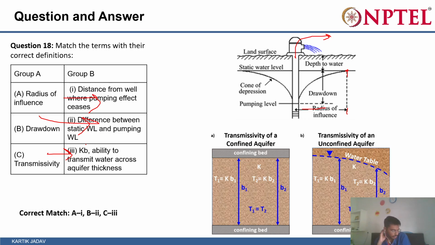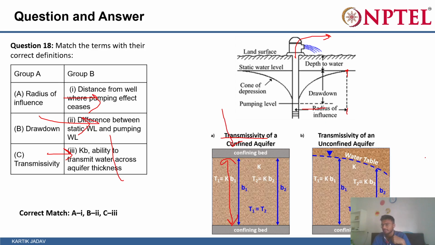And we know that for confined and unconfined aquifers, transmissivity has a different equation. In a confining bed, it is in general fully saturated, and whatever the thickness of this layer is, that is equal to the aquifer thickness.